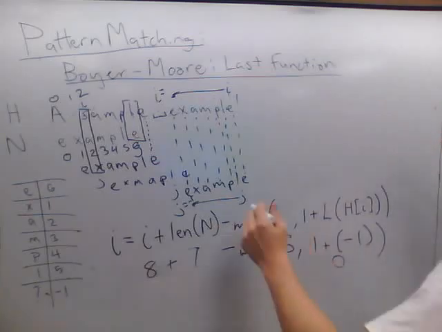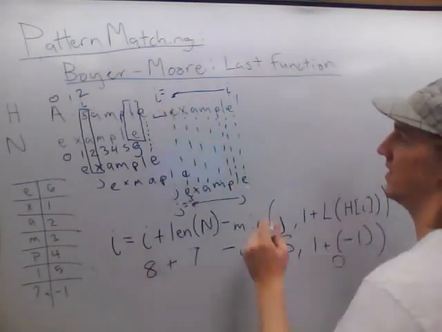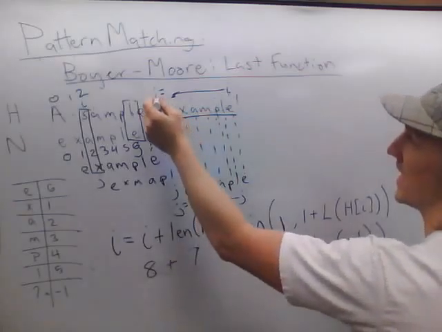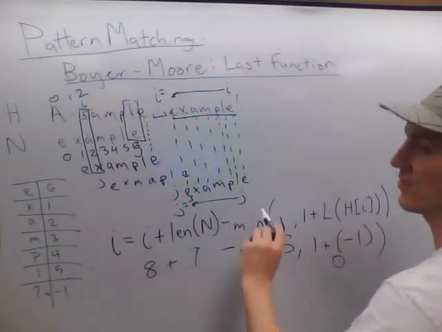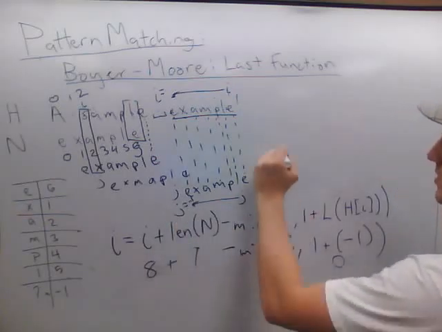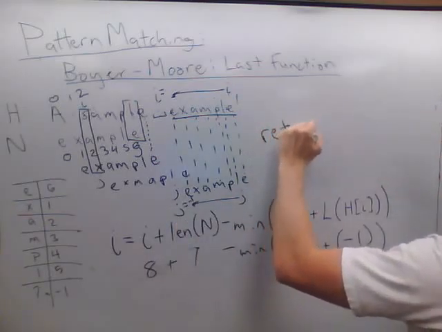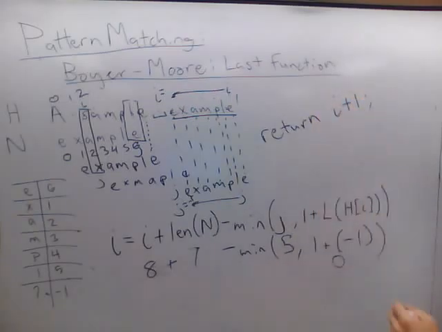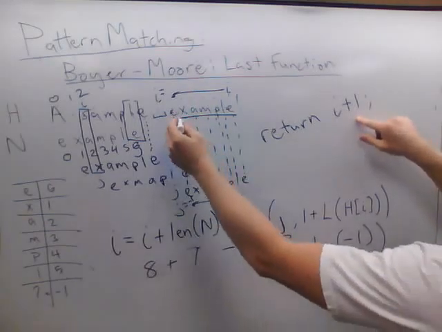So the index at which we find this string is at I plus 1 after we're finished. Once J is equal to -1, we're going to return I plus 1, and this is going to be the index at which we find our needle inside the haystack.